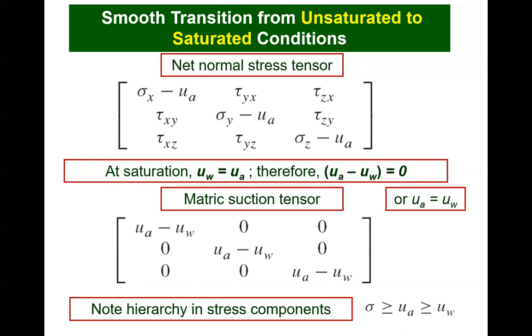As a consequence, the matrix suction tensor disappears, and the stress state designation becomes that of a saturated soil. It can also be noted that there is a hierarchy amongst the stress components, with total stress always being the largest and pore water pressure being the smallest, with the possibility that the pore water pressure can even go into the negative or tensile state.